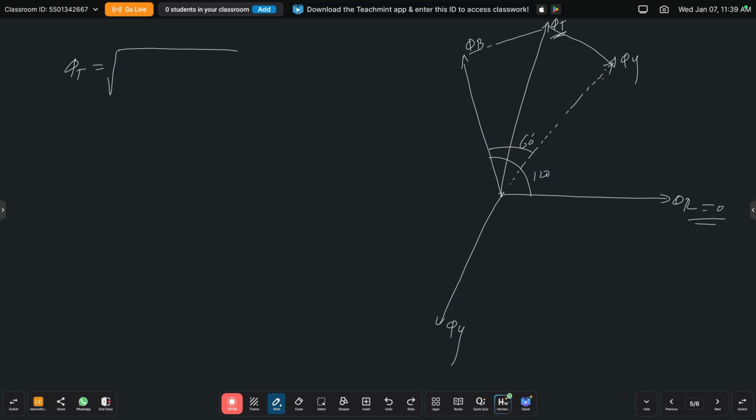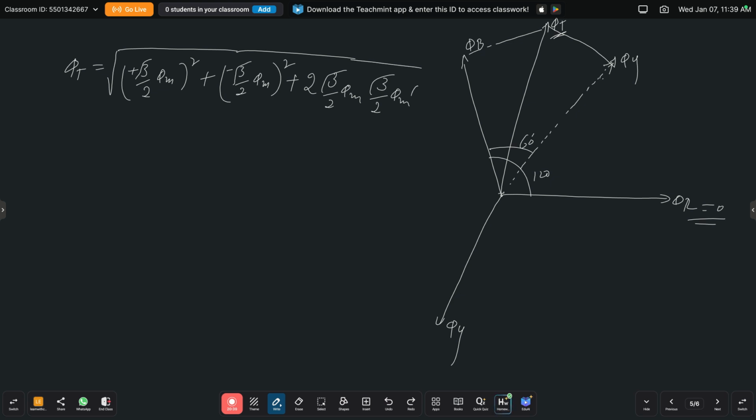So, plus root 3 by 2 φm whole square, plus minus root 3 by 2 φm whole square, minus 2 into root 3 by 2 φm, here minus becomes plus, root 3 by 2 φm.